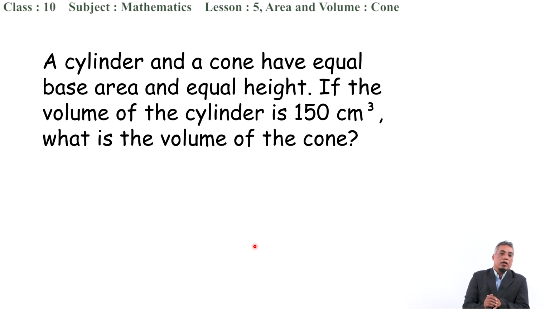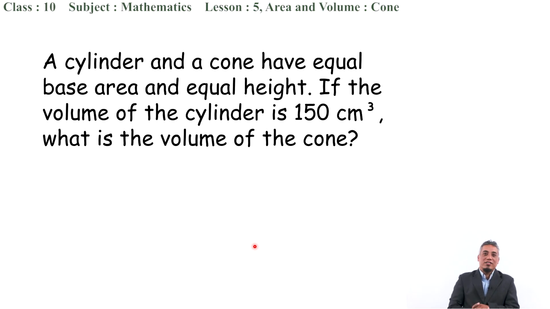Here, a cylinder and a cone, just as before in our experiment, have equal base area and equal height. If the volume of the cylinder is 150 centimeter cubed, what is the volume of the cone?